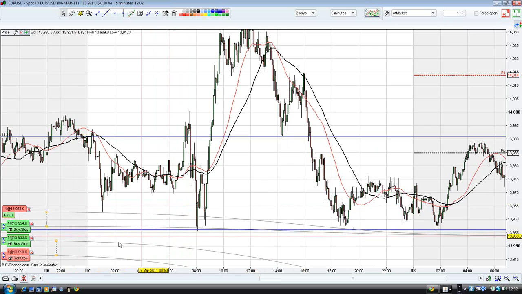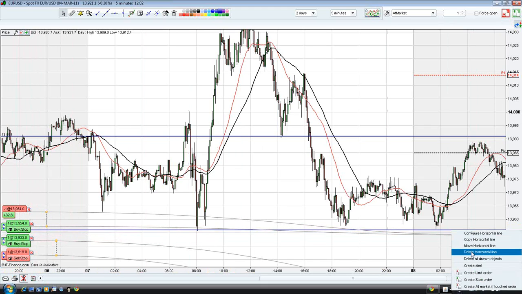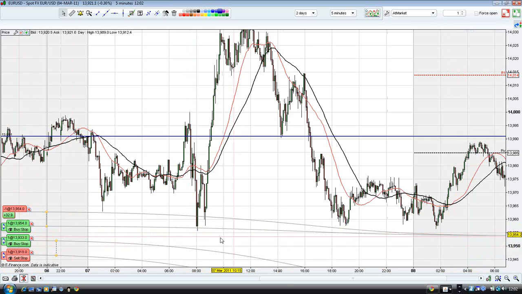So we decided we'll sell just 2 points below the support of the market at 13,954. So that was our pending order to sell just below the support of the market at 13,954.